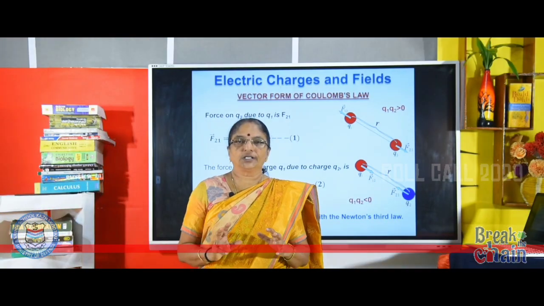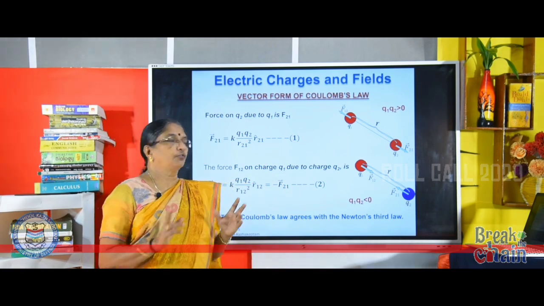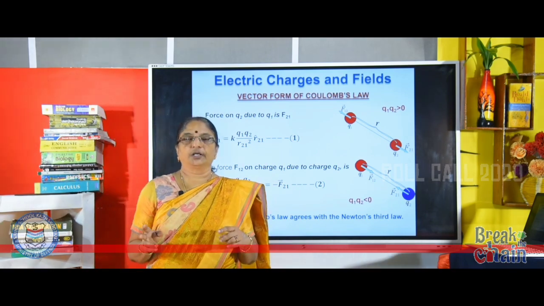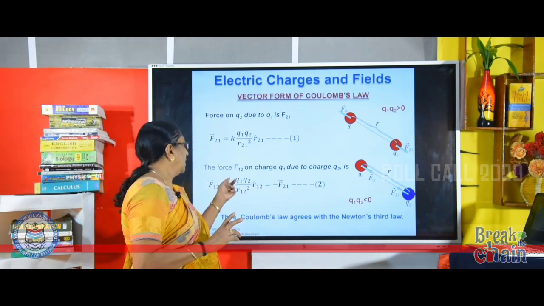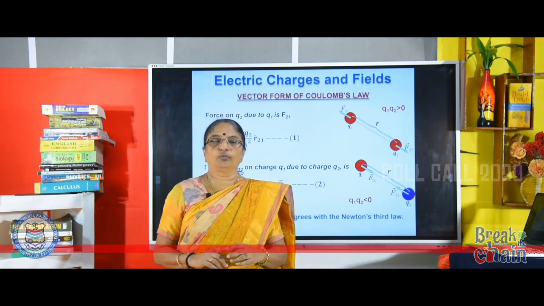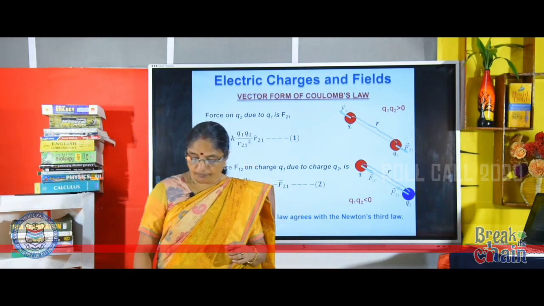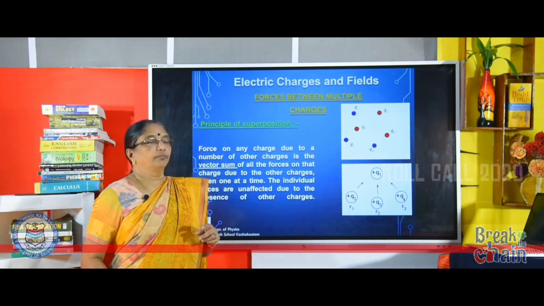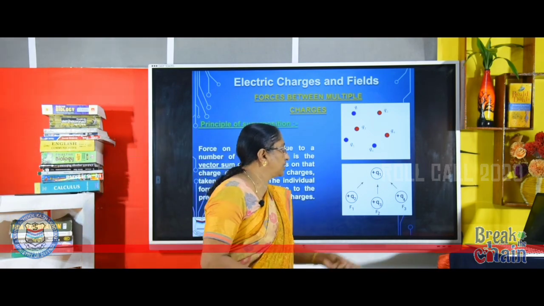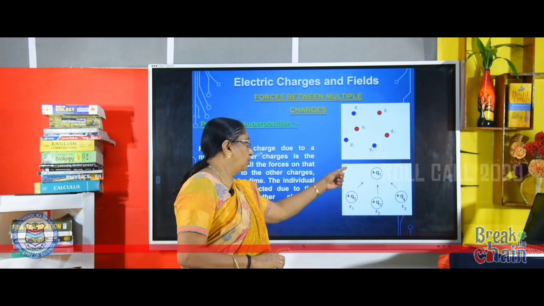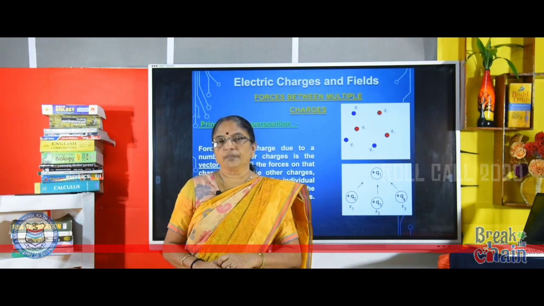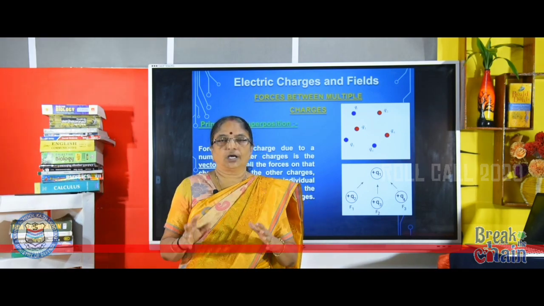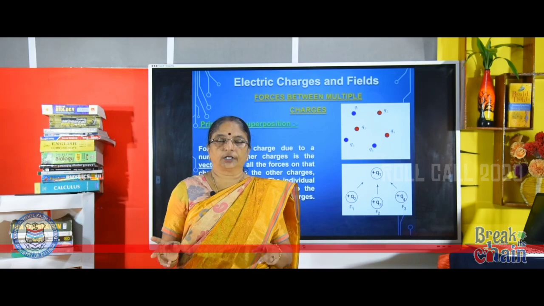So if two charges Q1 and Q2 are there, the force of attraction or repulsion is given by Coulomb's law, F is equal to K into Q1 Q2 by R square. But if more than two charges are there, as seen here, you can see many charges, Q1, Q2, Q3, Q4, all the charges are in the field of one another.